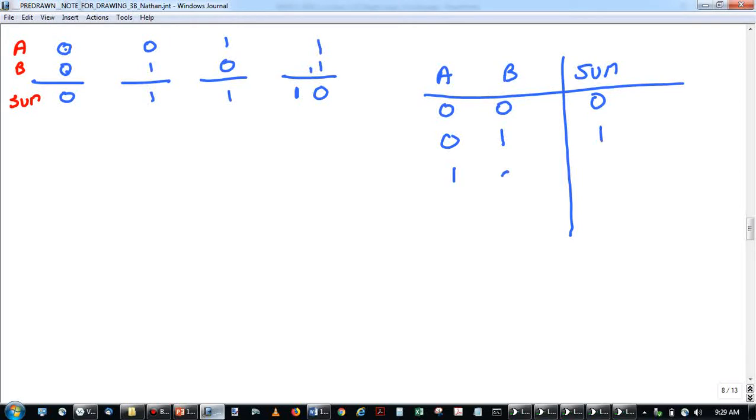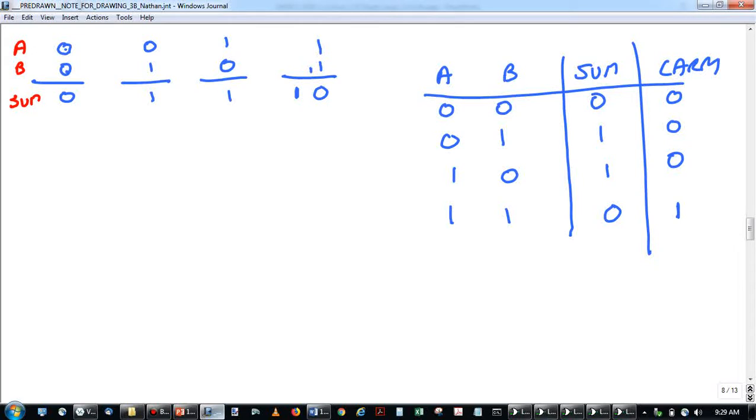A is 1, B is 0. The sum is 1. A is 1 and B is 1. The sum is 0, and then I need an extra column for the carry. There's a carry of 1. Does that make sense? That means that in these other ones, the carry was 0. There was still a column, but we didn't have to deal with it until this last case.